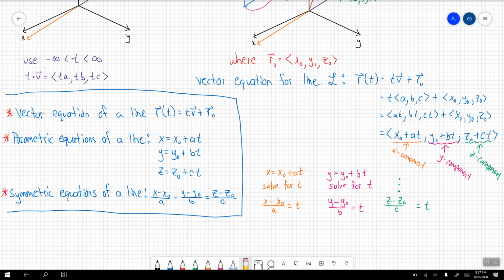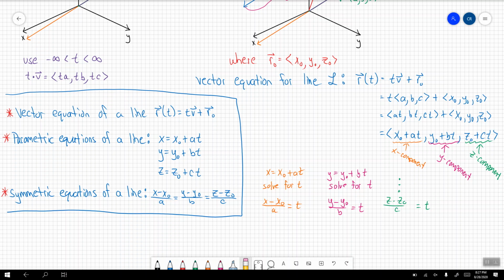Great. Now, just as a quick comment, on an exam or on a quiz, I will specifically ask you to generate the equation of a line in R-Space 3, and I will ask for one of these specific forms.